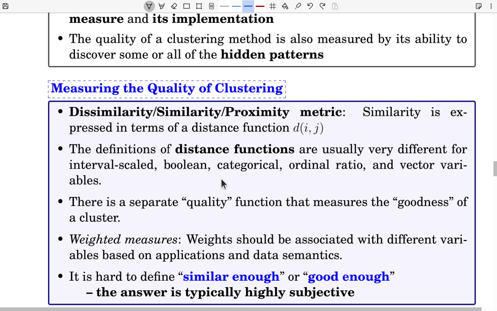Also, distance functions must be defined depending on the data type. Usually a quality function exists that measures the goodness of a cluster, and sometimes people also use weighted measures. But anyway, it's hard to define similar enough or good enough, because the answer is typically highly subjective.